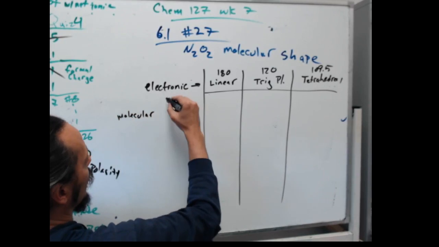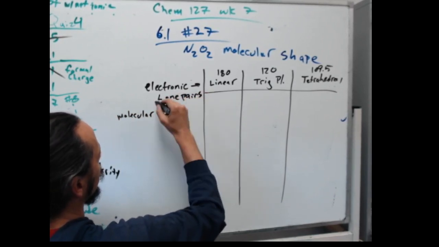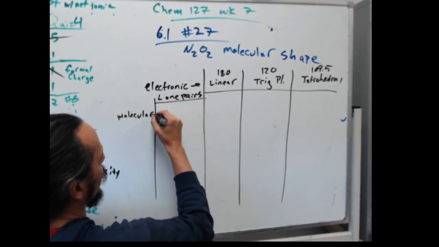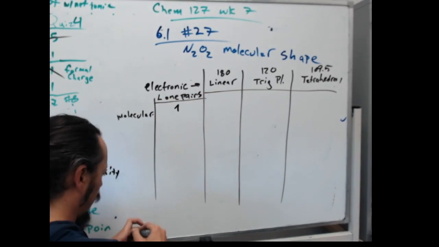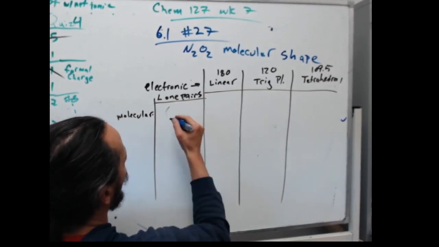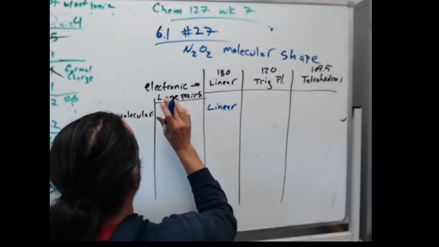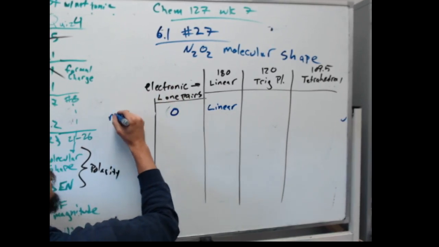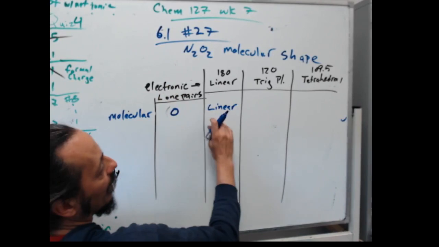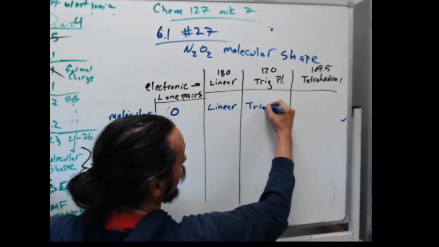And we're going to look at it in terms of lone pairs. If we've got 0 lone pairs, the electronic geometry and the molecular geometry are the same.